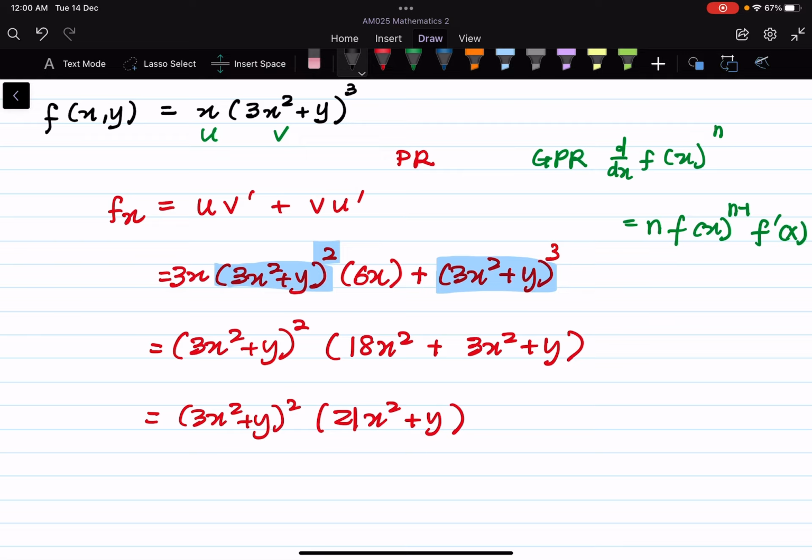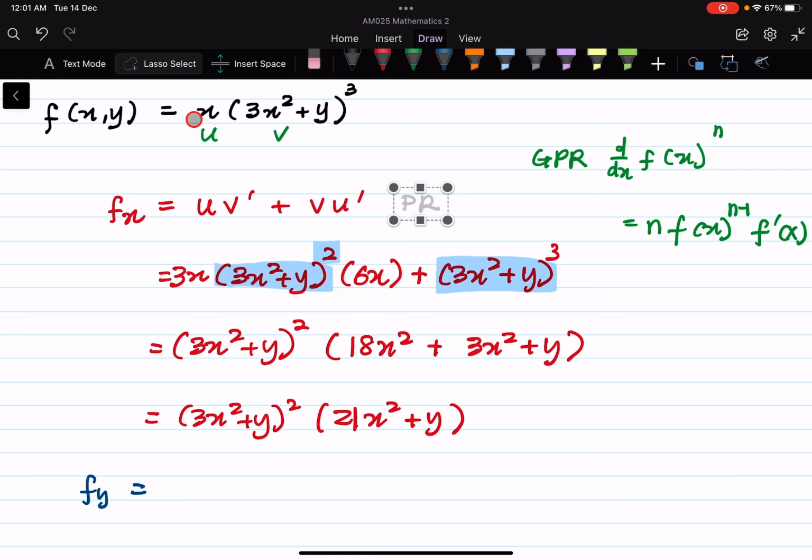So for f sub y, we are not going to use the product rule because there's only one y term inside of (3x squared plus y) to the power of 3 here.